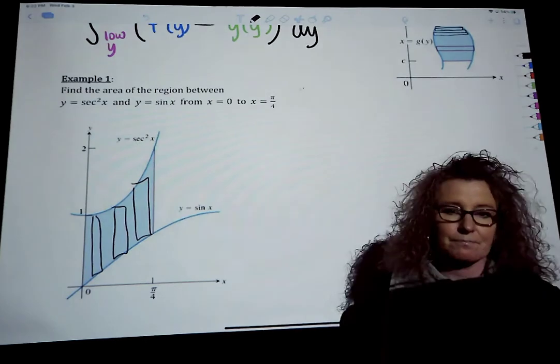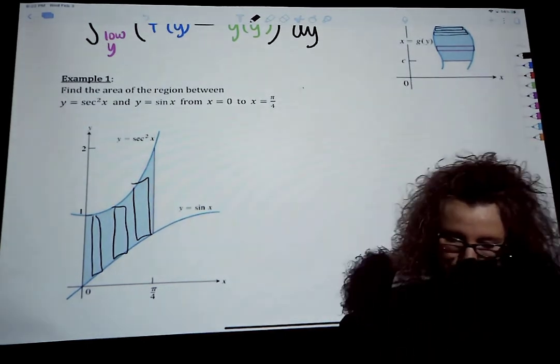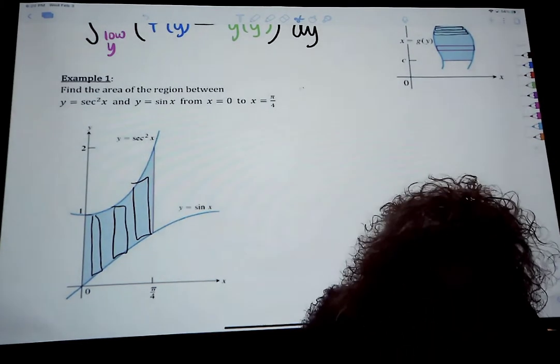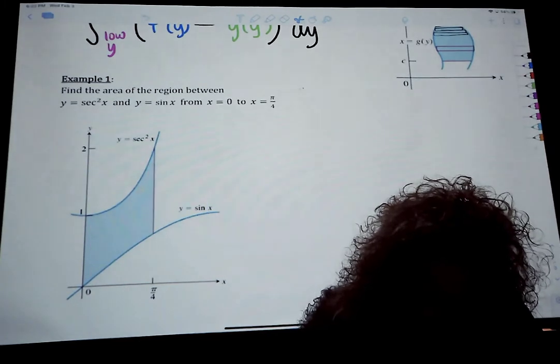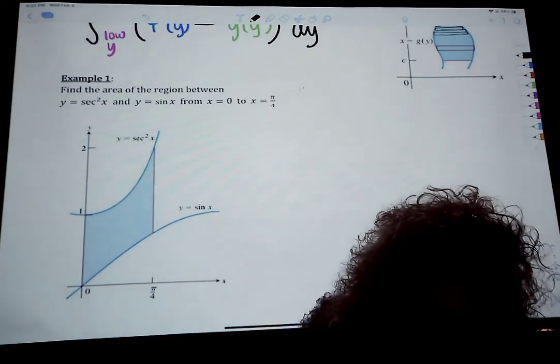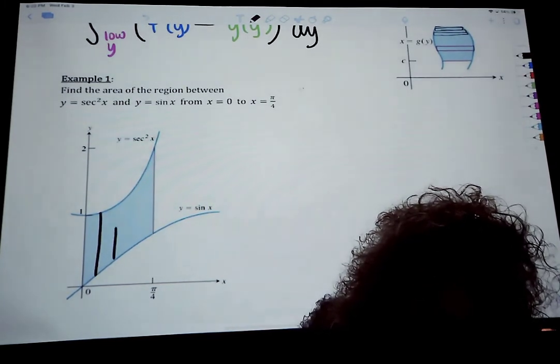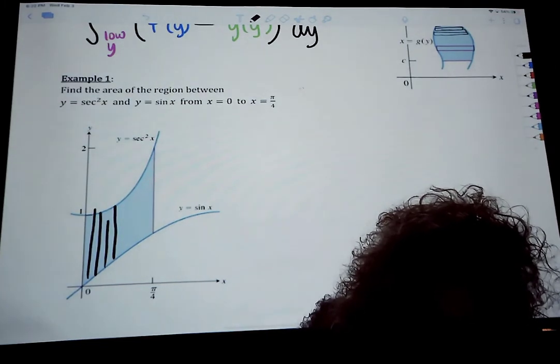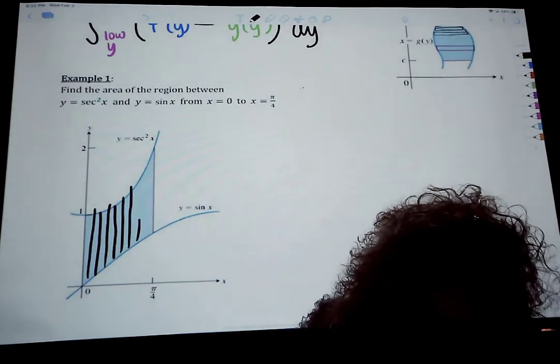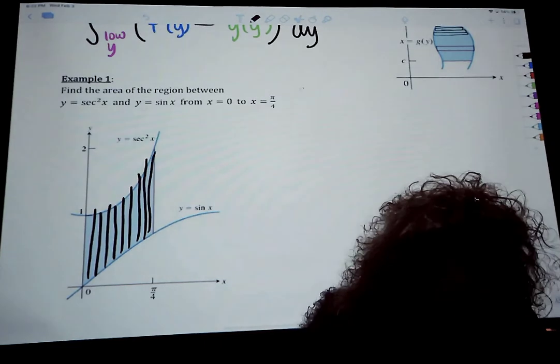Yep. Or I could do it really quick and draw a lot of them and just make them super skinny.